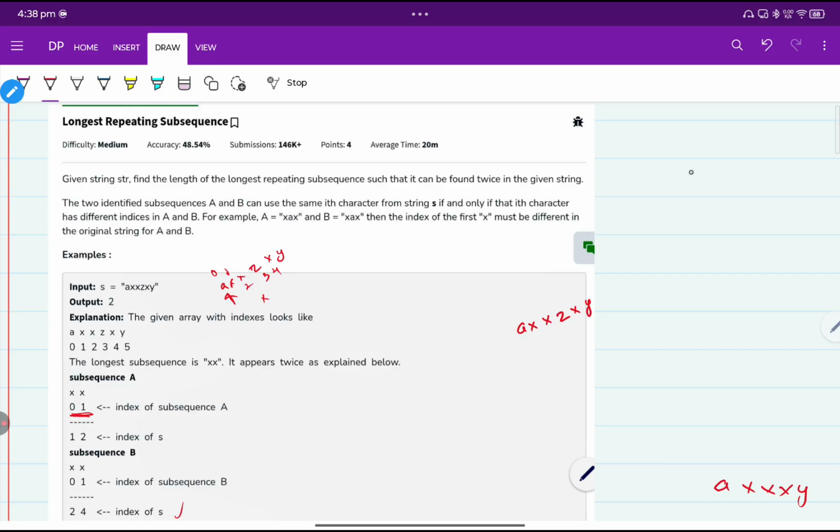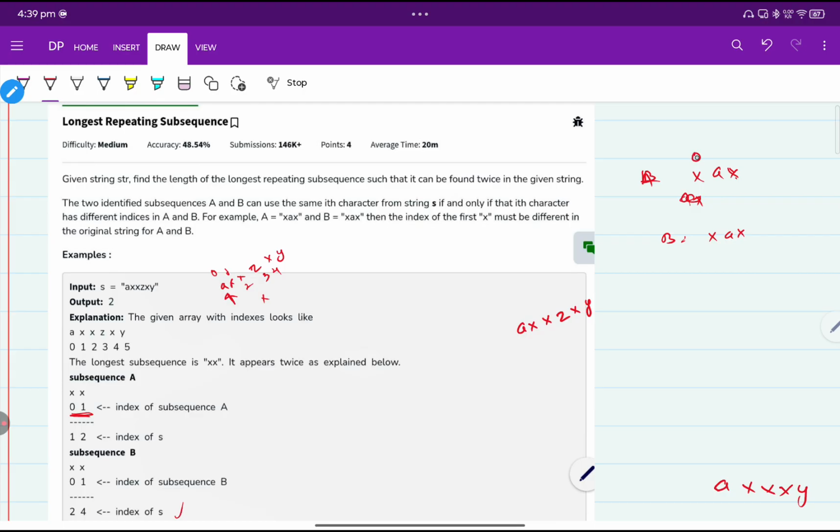For example, a x x a x or x a x are the two strings a and b. Then the index of the first x must be different in the original string for a and b.